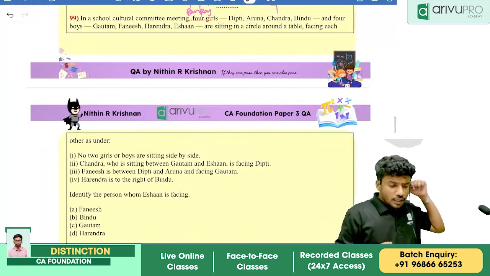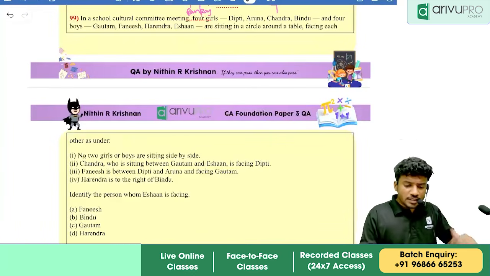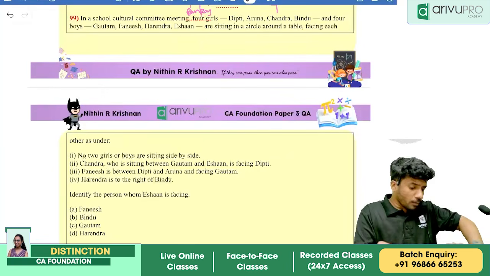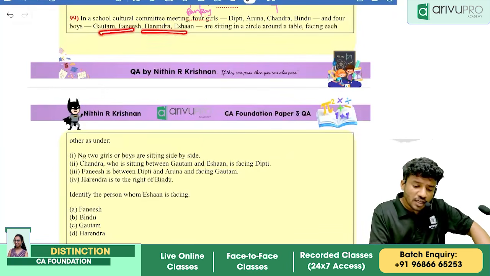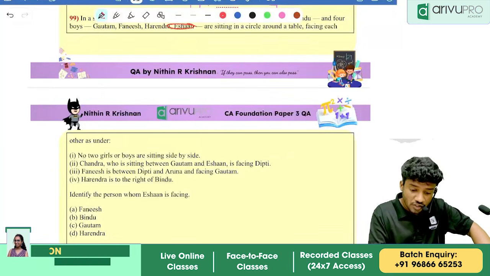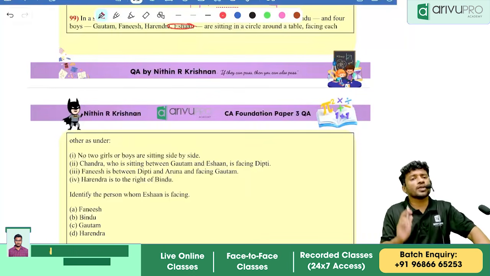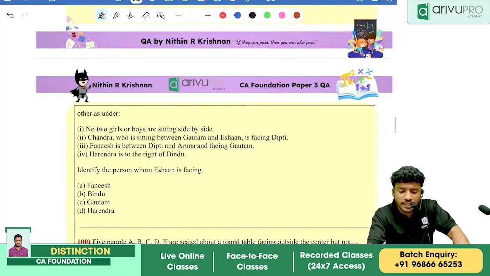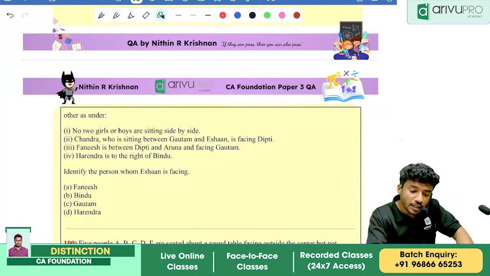In a school, there are 4 girls, Deepthi, Aruna, Chandra and Bindu, and 4 boys, Gautam, Fanish, Harish, Harendra and Ishan, sitting in a circle around a table facing each other. How many people are there in total? 8 people are there in total.